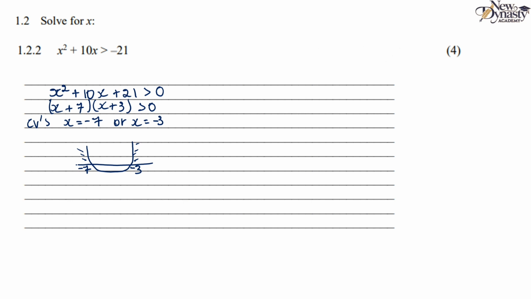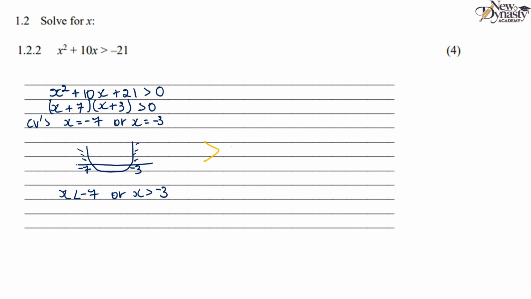Since we have got our inequality sign as greater than, it means you're going to use the word or. So you say that x value, as you can see here, is going to be less than negative 7, or your x value is going to be greater than negative 3. Remember, if your inequality sign is greater than, which means it is positive, you always use what?